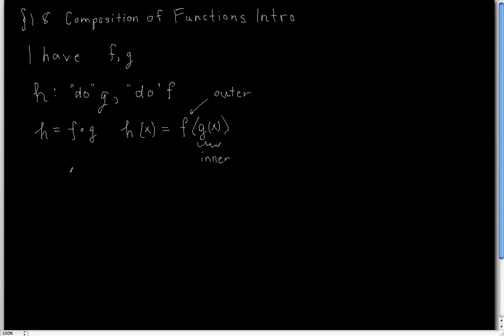Okay, so what's another way that we can think of this? Let's say that I have some number x right here, and I want to first do whatever g does to that number. So we can think of x as being taken somewhere or operated on, however you like to think of it, and where does it go? What number is it taken to by g? That number is called g of x.